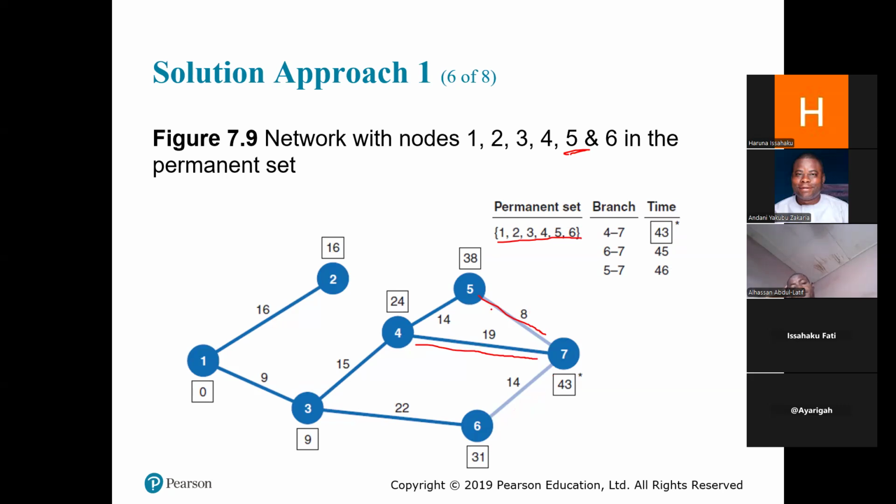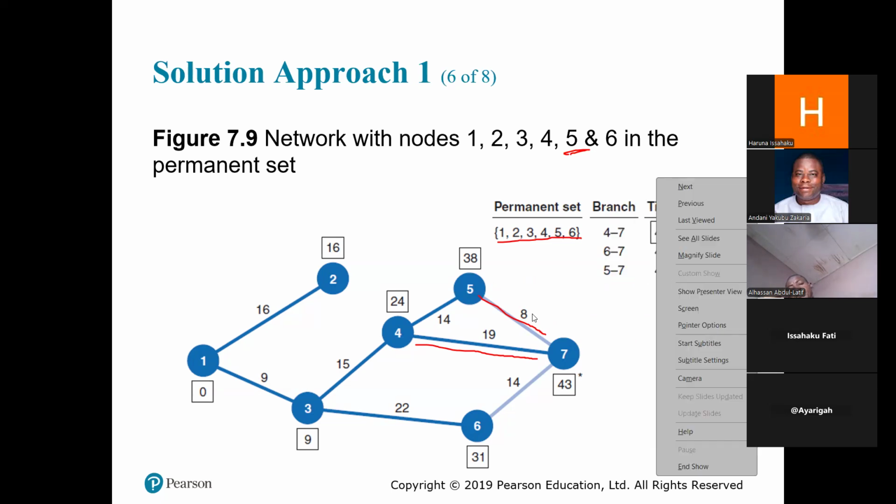So from 5 to 7, it will be 46. Okay, so that will be 8 plus 4 plus 15 plus 9.